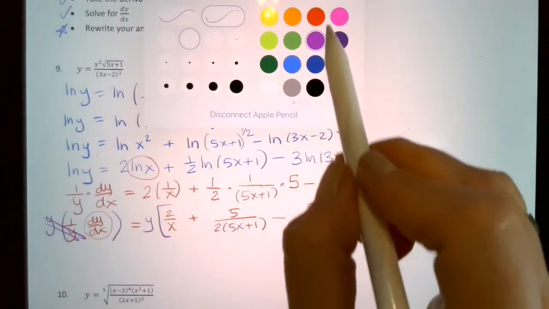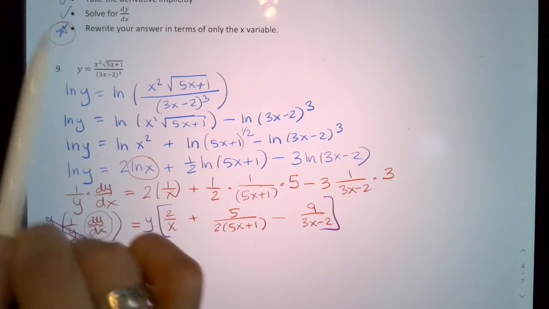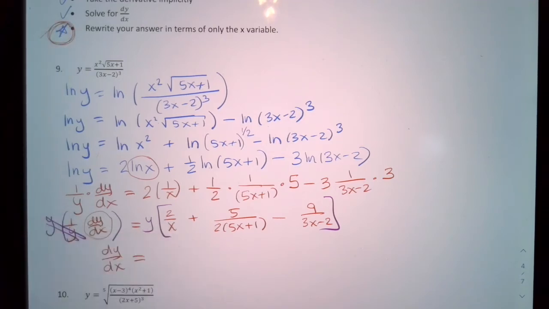Now, I'm going to be careful about how I'm going to write it. dy dx. You got rid of the 1 over y. dy dx equals. Now, I should not have a derivative with x's and y's jumbled. Remember this point up here, rewrite your final answer in terms of only the x variable. No problem. I'm going to directly substitute what I have going on.